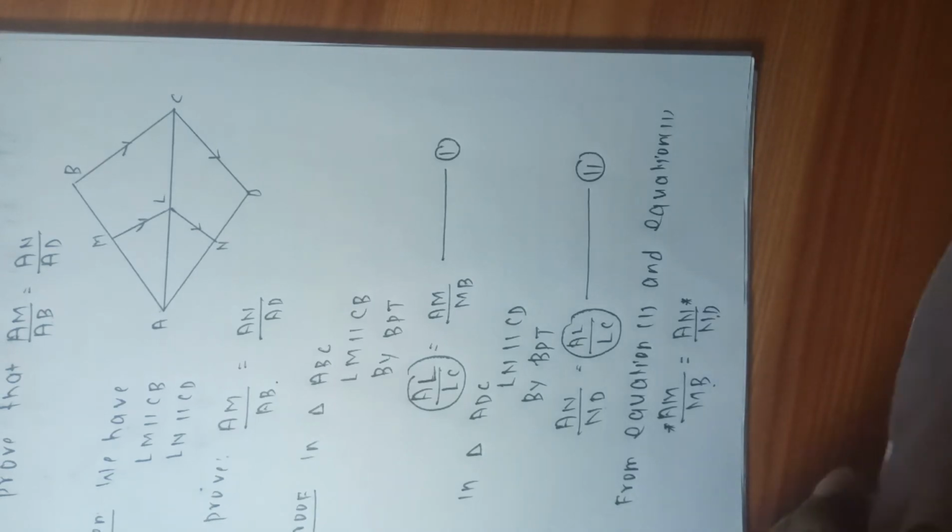Next, we can write AM by MB equals AN by ND.